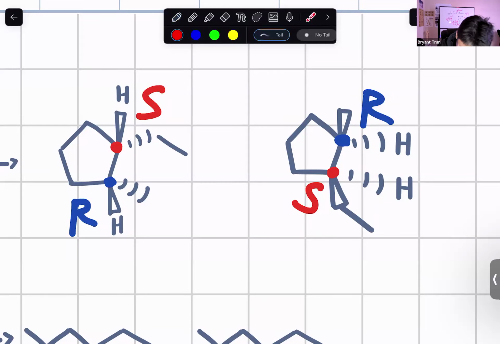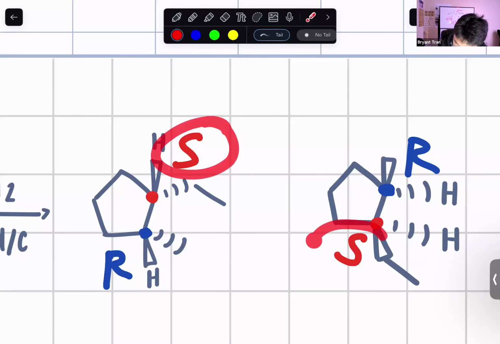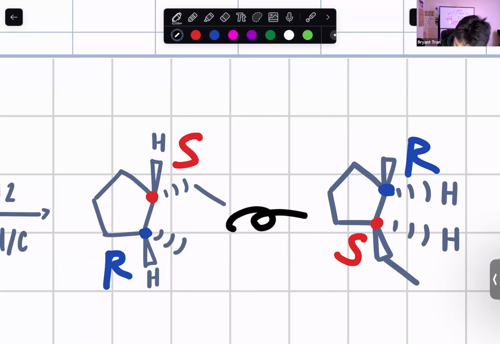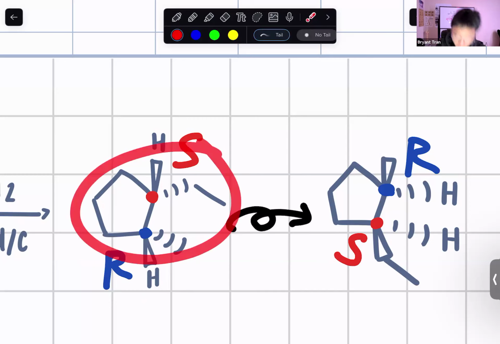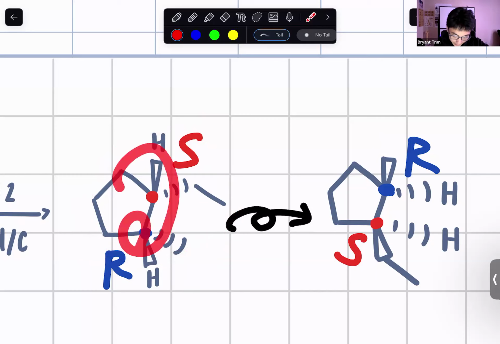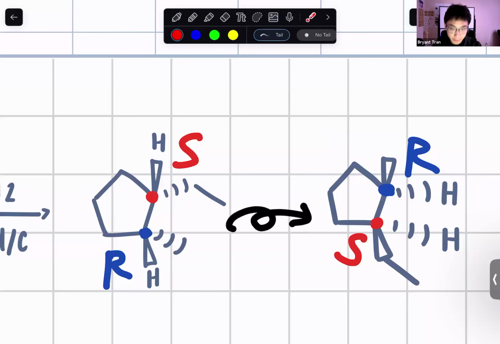So we have to be careful here because the red chiral center stays the same as S and the blue chiral center stays the same as R. So what you drew here is the rotated or flipped version of this molecule. If you imagine a model kit of this molecule and flip it upside down like a hamburger, that's going to result in this molecule here. So these are identical molecules.